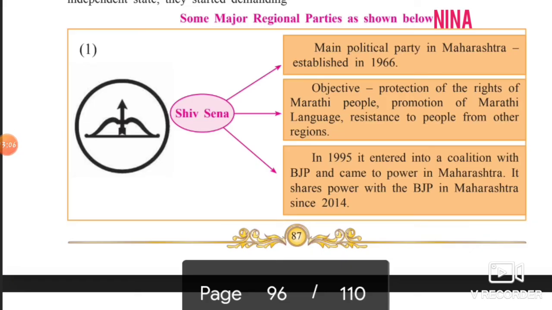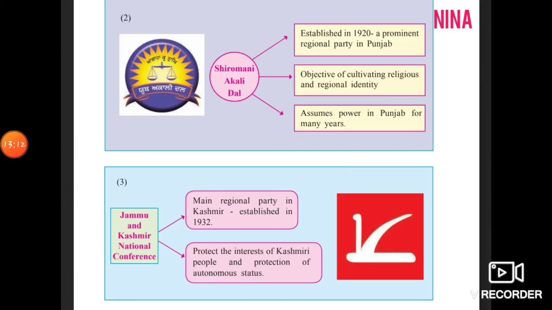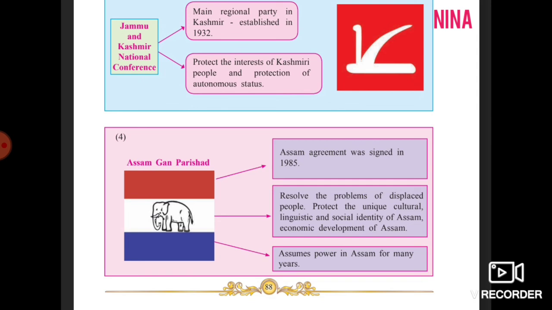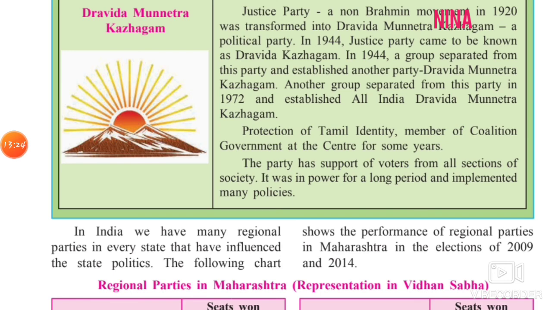So now we have seen some major regional parties. The first is Shiv Sena. Second one is Shiromani Akali Dal. Then we saw the Jammu and Kashmir National Conference. Then Assam Gana Parishad. Last one we saw the DMK party.